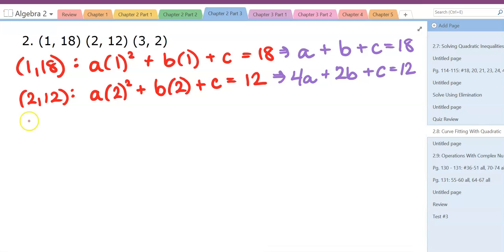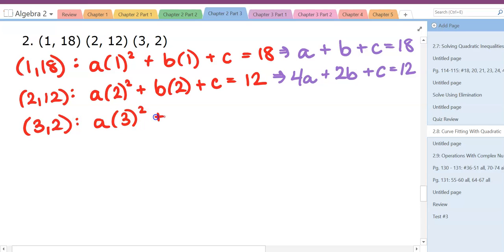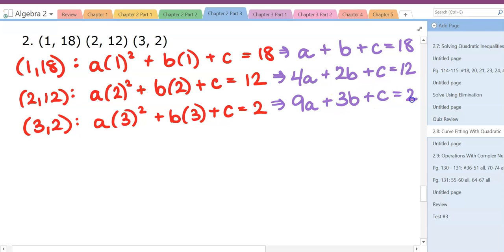And then you have 3, 2 for the last point. So a times 3 squared plus b times 3 plus c equals 2. So we have 9a plus 3b plus c equals 2.